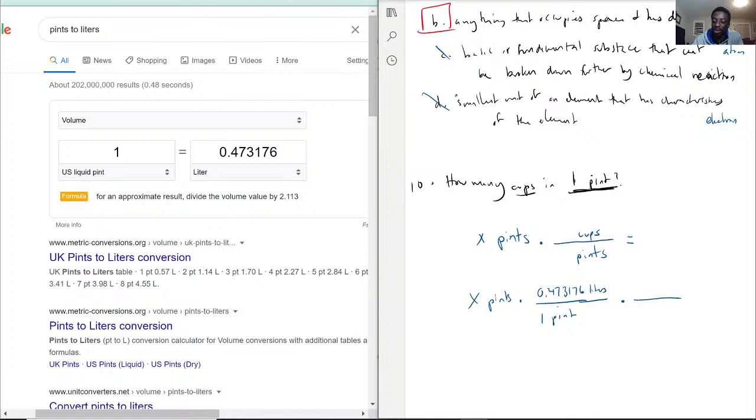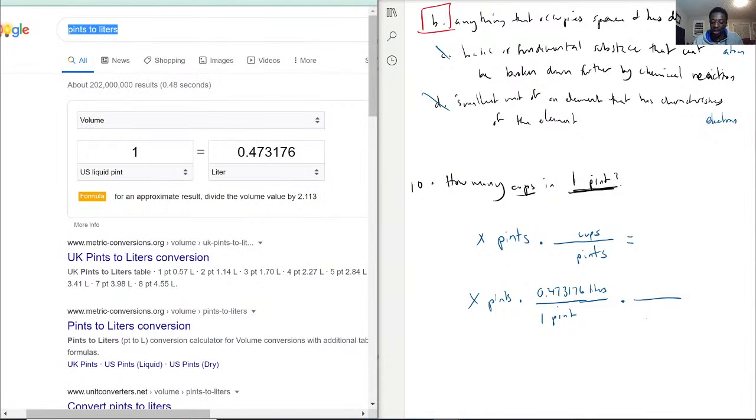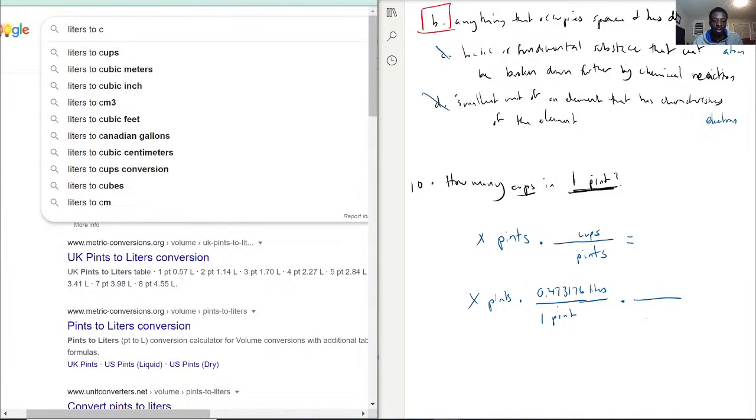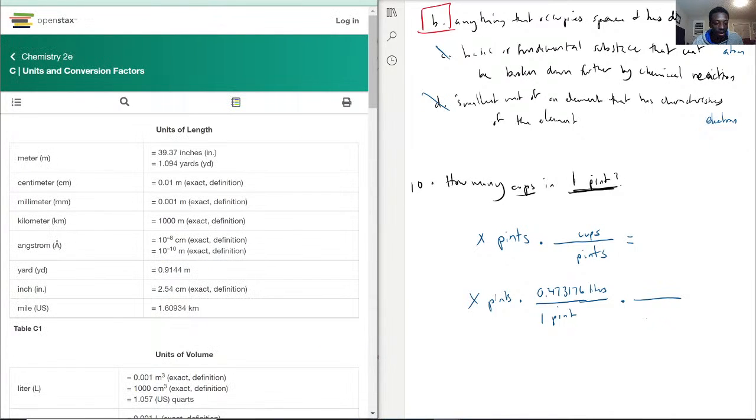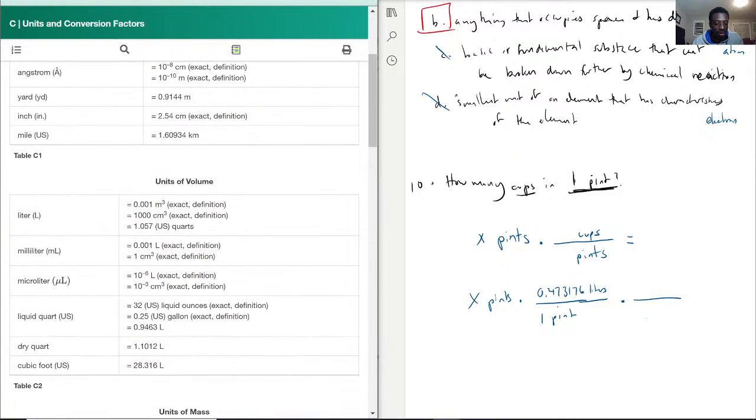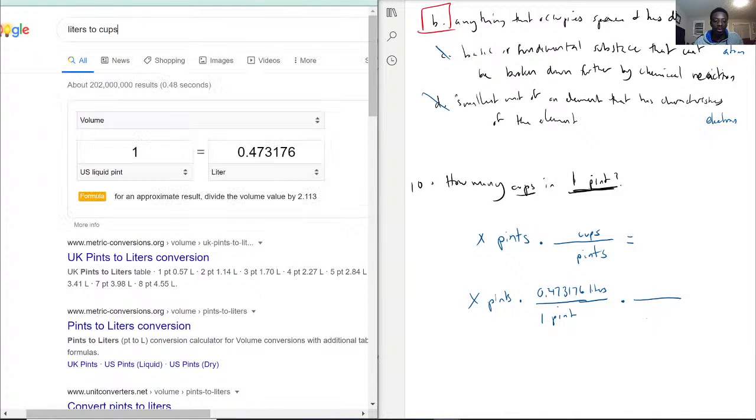And then we do the same thing. We want to get rid of liters, okay? We don't know yet. Do we have any cups? No, we do not have any cups, unfortunately. Liters to cups, though.